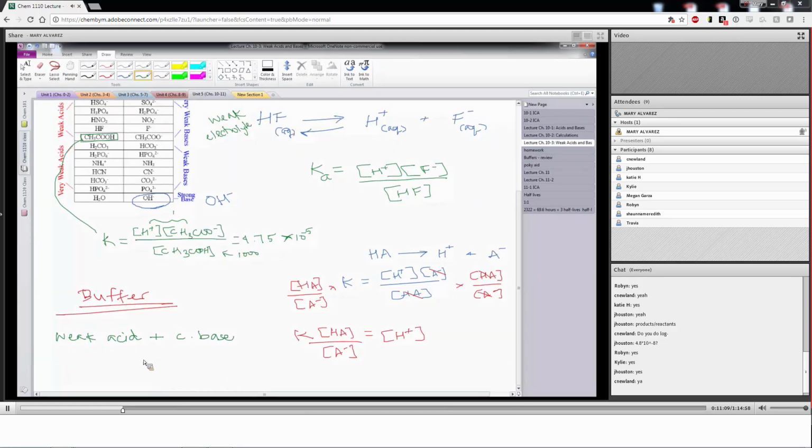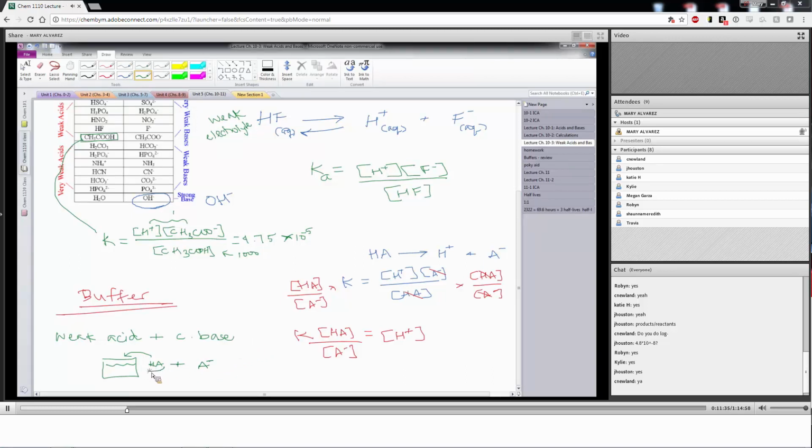In other words, I'm dumping in a little bit of HA, and I'm also independently dumping in a little bit of A minus. Maybe I put in the sodium salt of that conjugate base. But really, I don't care about the sodium because it's not acidic or basic.